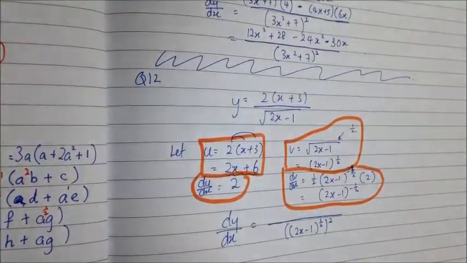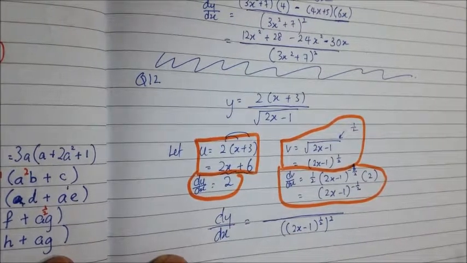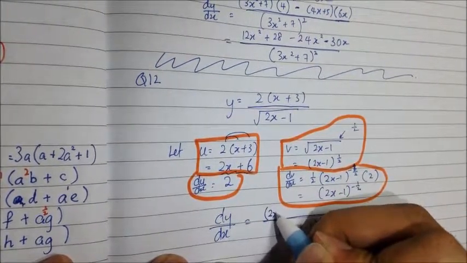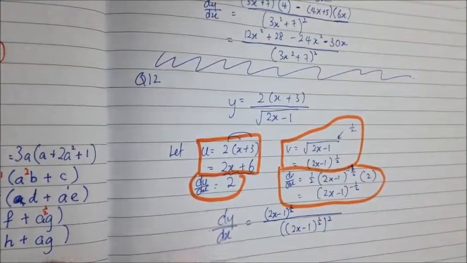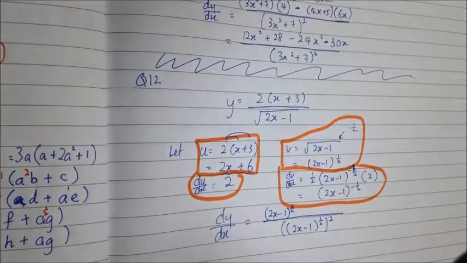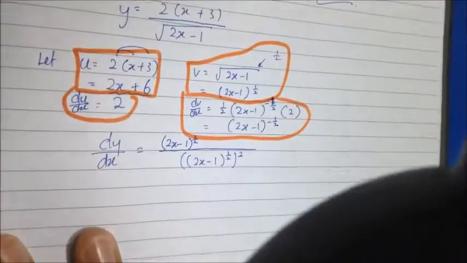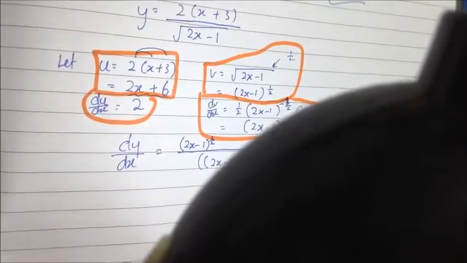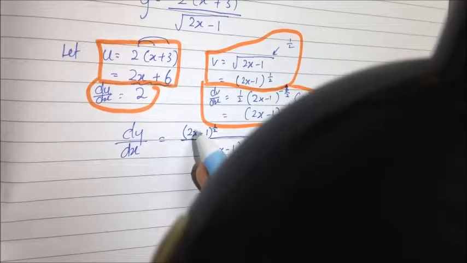So what do I copy first? I copy bottom. So I write down 2x minus 1 half. Then what do I do next? Copy bottom, differentiate top.